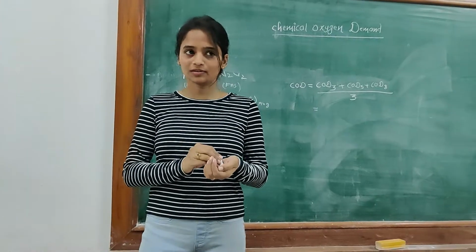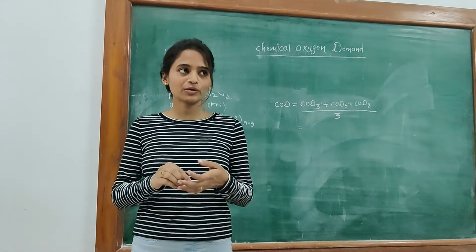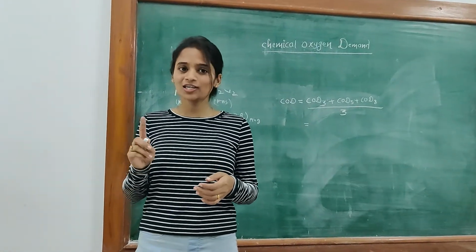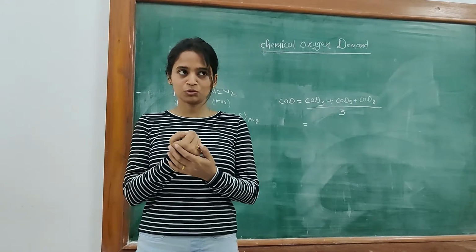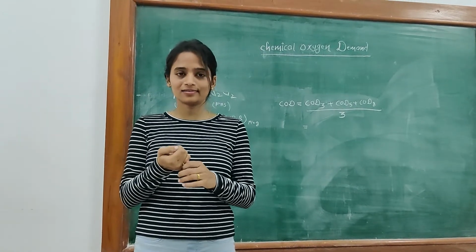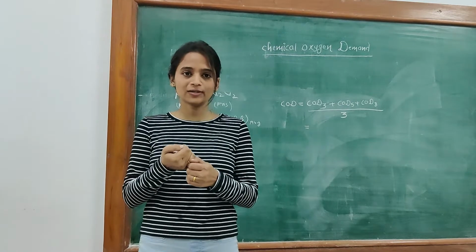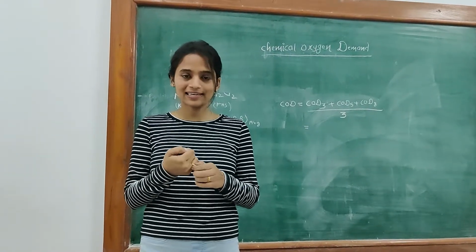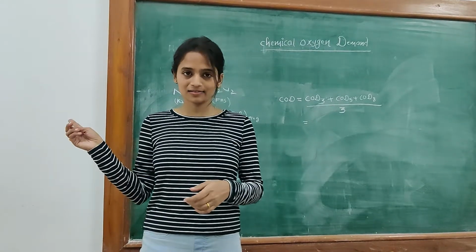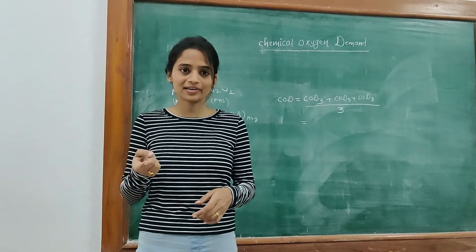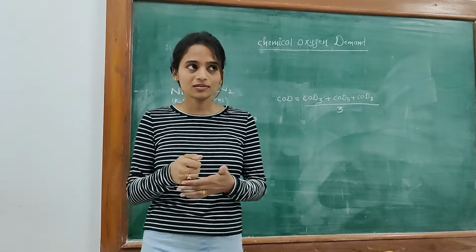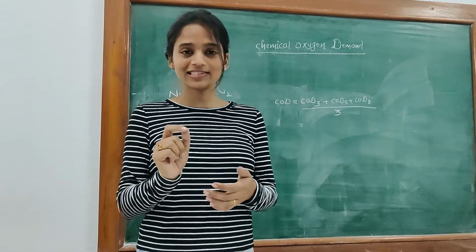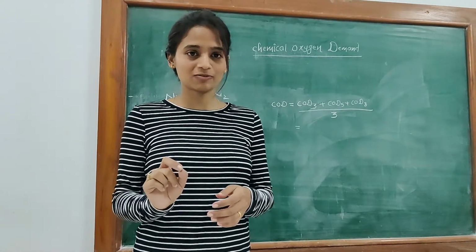One more thing. Now we are done with the experiment. In the flowchart I told you to add Ag2SO4, silver sulfate, as a catalyst. But while adding to our flask, I haven't added it. Why? First of all, that is an extremely expensive chemical.